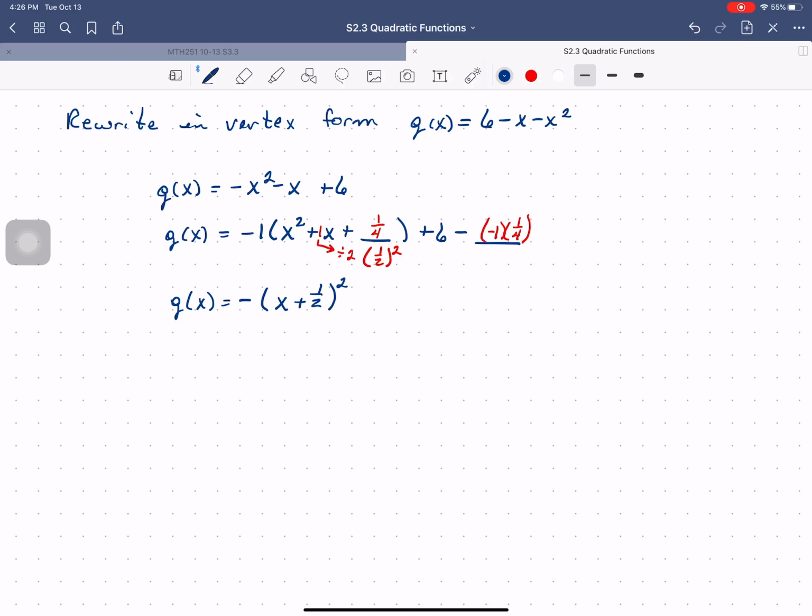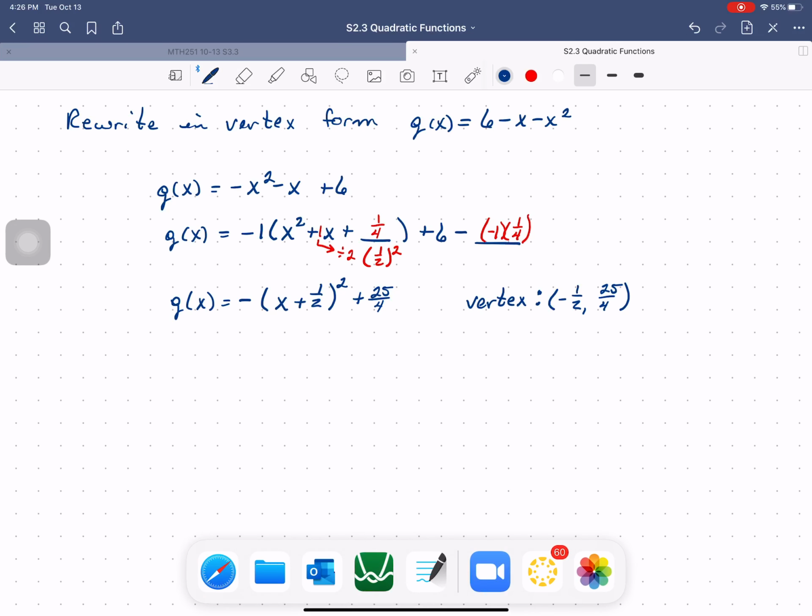Now I've got plus 6 minus negative 1/4, so that's 6 plus 1/4, which is 25/4. So now my vertex is at the coordinates negative 1/2, 25/4. Shall we check it?